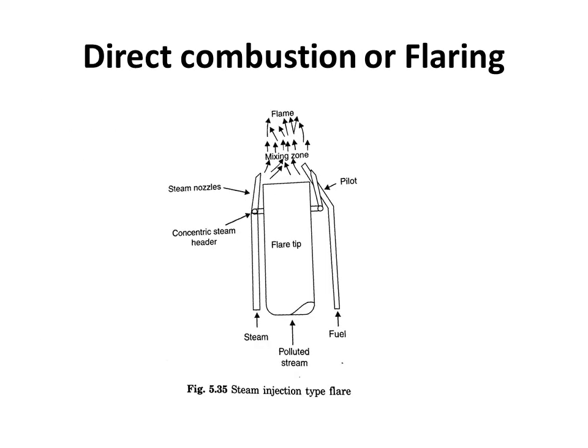Direct combustion or flaring. Highly combustible streams with high heating values can be eliminated by direct flaring. Flaring is not a satisfactory solution when the gas stream contains excessive amounts of inorganic pollutants like sulfur, chlorine, fluorine, etc. The figure shows a steam injection type flare. In such a design, it incorporates steam injection through jets surrounding the flare tip.